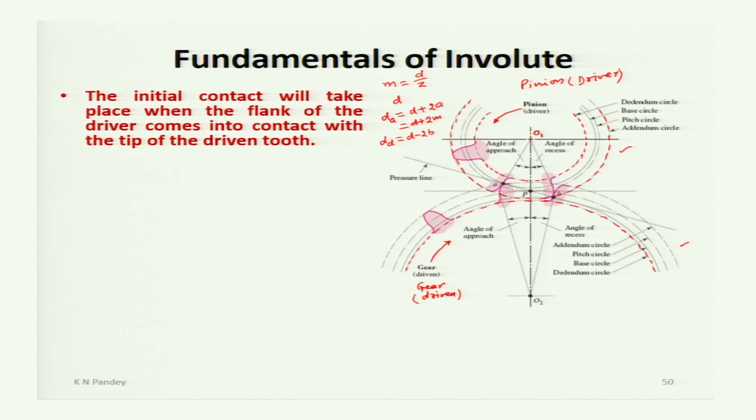So, you have dedendum circle and addendum circle of the mating two gears. There is the addendum circle of the driven gear like that, dedendum circle of the mating gear like that, and the pitch circle is this one.